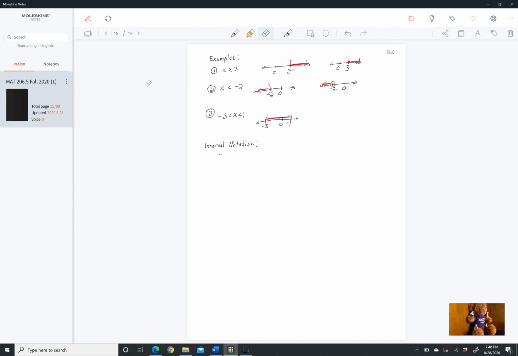So a bracket says the number is included. A parentheses says the number is not included.